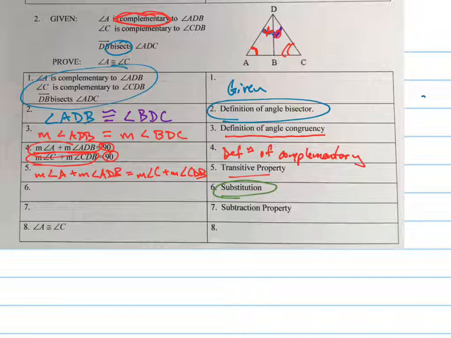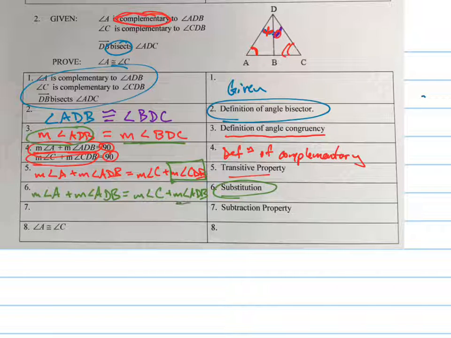Now I'm using substitution property. Substitution property means I can plug something in that's equal to something else. So what I'm going to do is replace this one with this one, because step 3 told me that those were equal to each other. So I'm saying that the measure of angle A plus the measure of angle ADB, notice I didn't change that, equals the measure of angle C plus the measure of angle ADB.